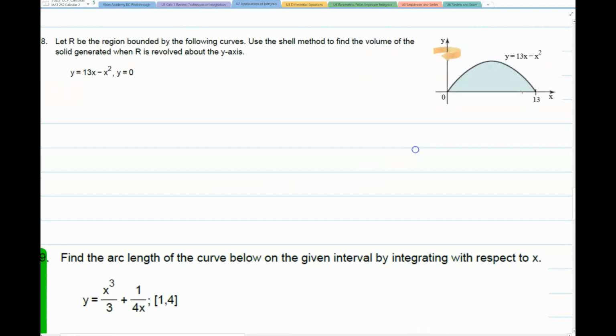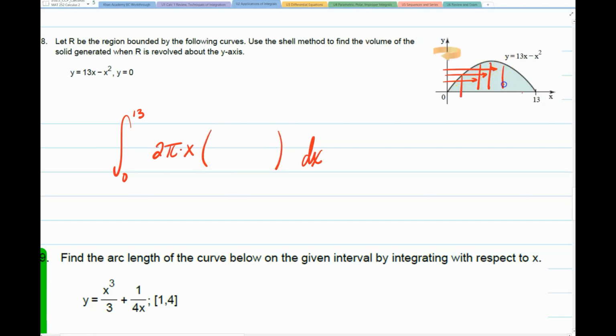So if we were to use the shell method for this particular case, I like the integral revolved around the y-axis, so we're going to use an integral based on variable x. The boundaries of integration will be 0 to 13. We want 2 pi times the radius, which is x in this case. The radius of each of these shells is the distance from the axis of revolution, times the height.